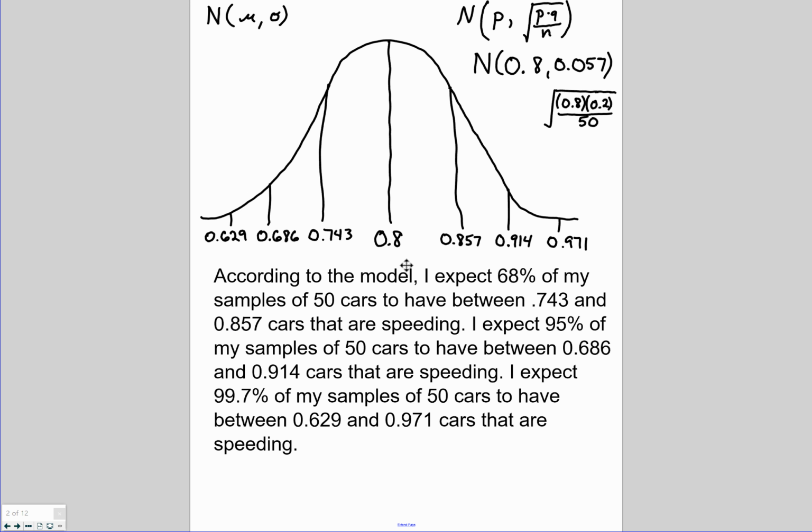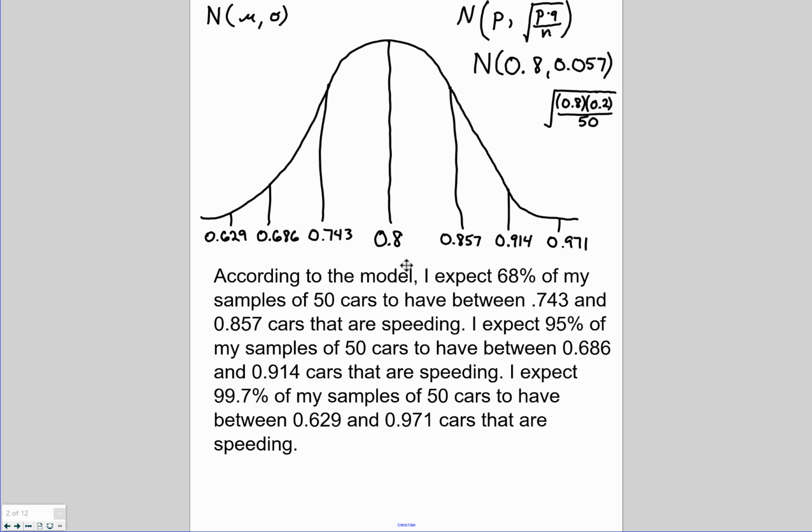Okay, let's summarize real quick. I'm going to choose Jalen again because I chose Jalen the last one. Jalen is going to go out and do this. Thank you, Jalen, for volunteering.